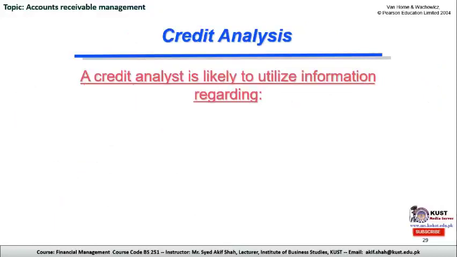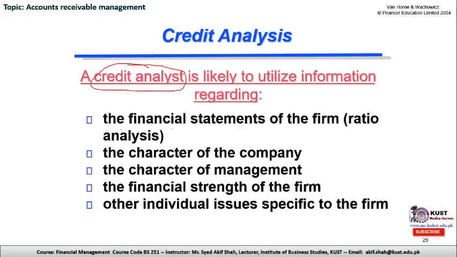How to analyze? A credit analyst is usually hired in a supplier company, and is likely to utilize the information from the financial statements through ratio analysis, which I have already explained. The company can use the current ratio, quick ratio, return on equity, return on asset, and debt to equity ratios.